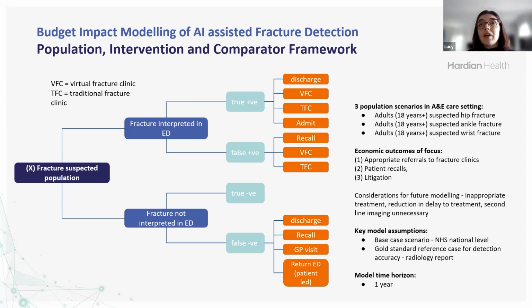And then the chances of that interpretation in the ED being correct or not. And then the resource utilization implications of those true positives, false positives, and false negatives that occur after that.